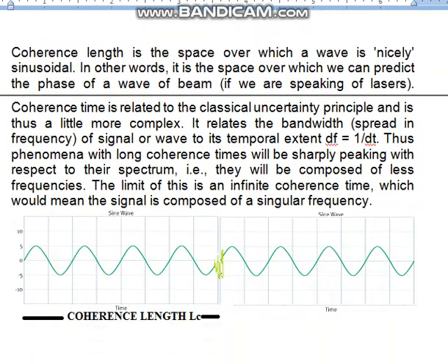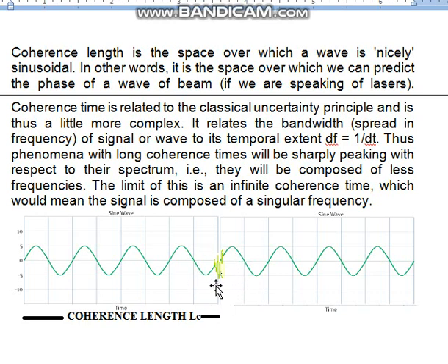Now let's explain another important concept, the coherence length and coherence time. For this we take this example. This is a sine wave, and there is some oscillator here producing this sine wave. You can see that the sine wave maintains its form from this point to this point, and after this point to this point, and in between these two waves there is some noise.